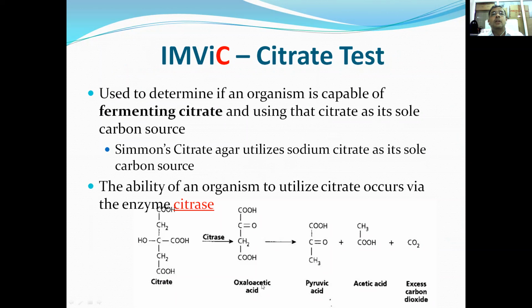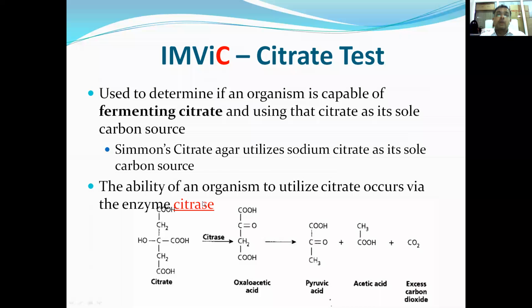So now we provide a specific media known as Simmons citrate agar, which contains citrate as the sole carbon source. That means the bacteria has to utilize the citrate, and bacteria can utilize citrate only if they possess the citrase enzyme.